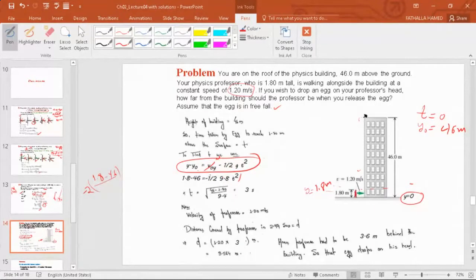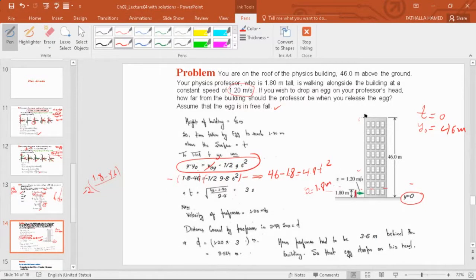Now you can multiply this with a minus to make it positive, so you will get 46 minus 1.8 equals 1/2 times 9.8, which gives you 4.9 t squared.